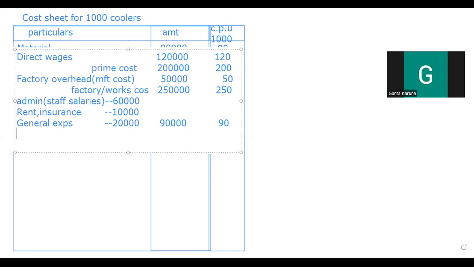So the total of this one, we are going to call it the cost of production. The cost of production, how much did we get? We got around 3,40,000. So 3,40,000 divided by the same 1,000, I'm going to get 340. This is done. After this, now I'm going to add my selling expenses. How much did he give as selling expenses?